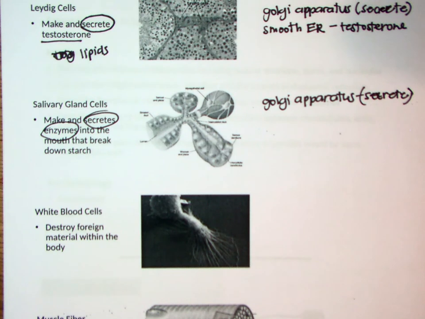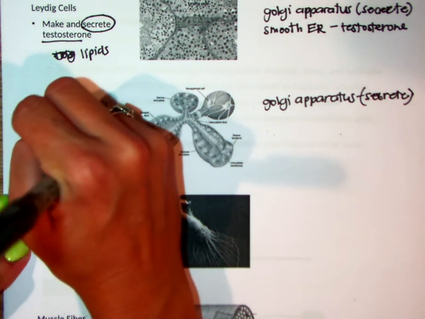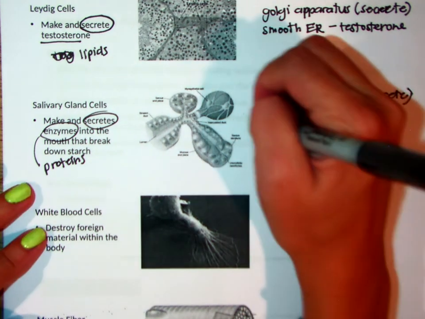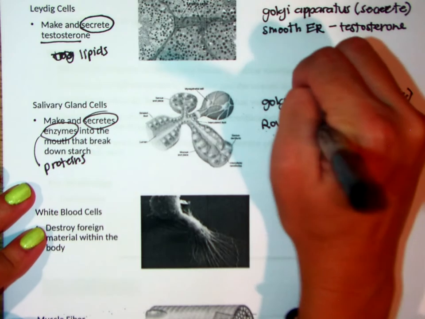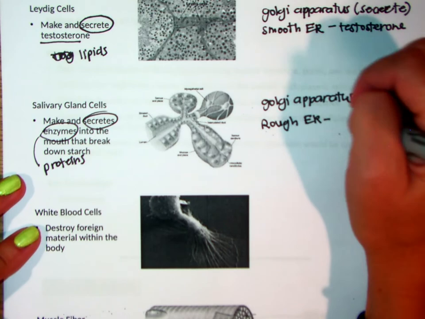And then enzymes are proteins. And so the rough ER, which is studded with those ribosomes that make proteins, going to need a lot of those.